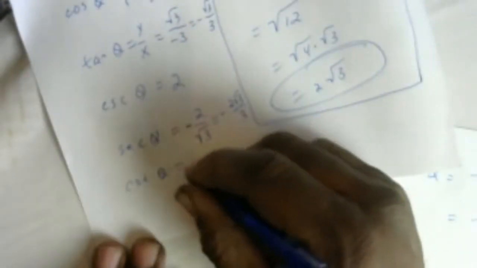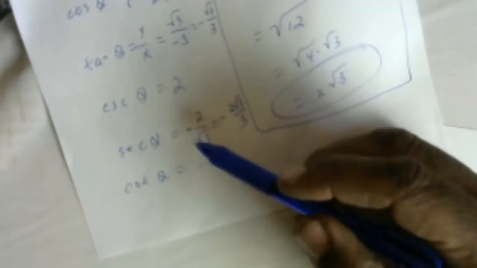And then lastly, for the cotangent, you should get negative square root of 3. So here again, you have to reciprocate negative square root of 3 divided by 3. You have to reciprocate it as negative 3 divided by the square root of 3.